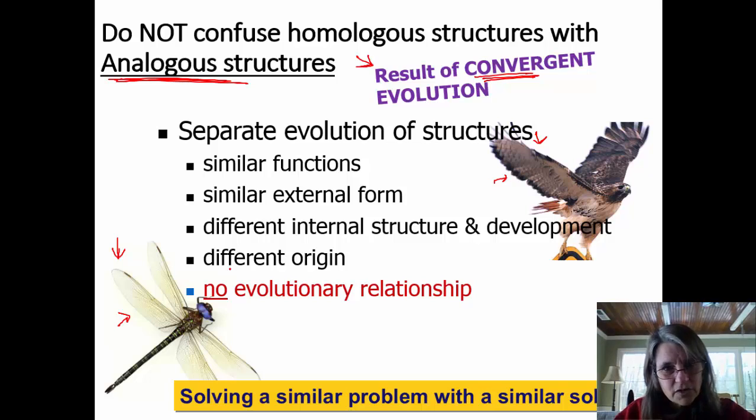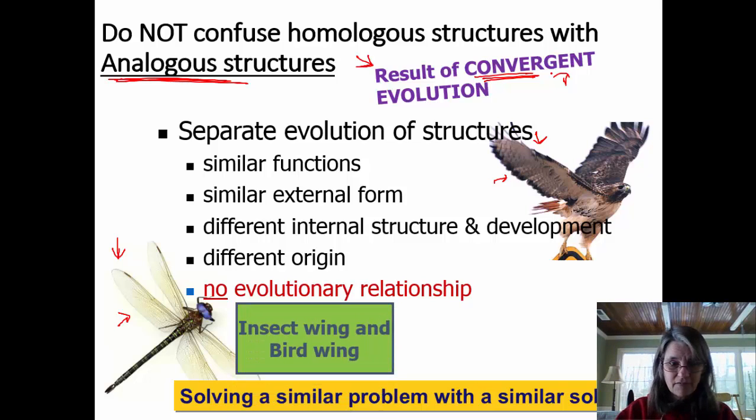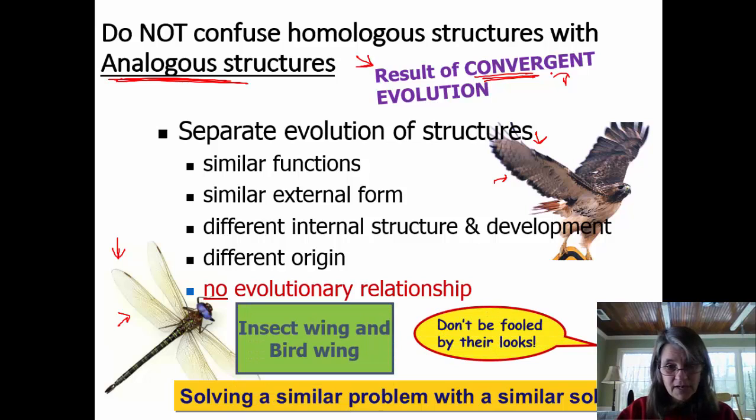So analogous structures and convergent evolution is solving a similar problem with a similar solution, but it does not indicate evolutionary relationships. Okay? Please don't be fooled by their looks. Analogous structures look like they ought to be related because they're doing the same thing, but they are not.